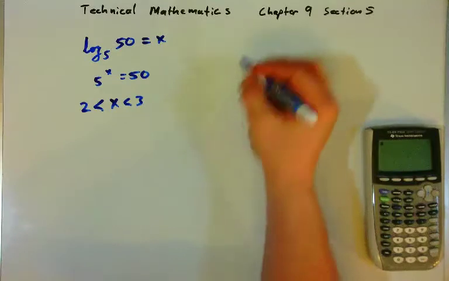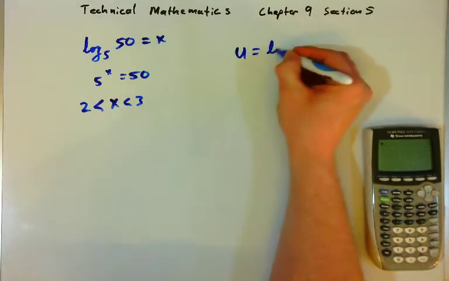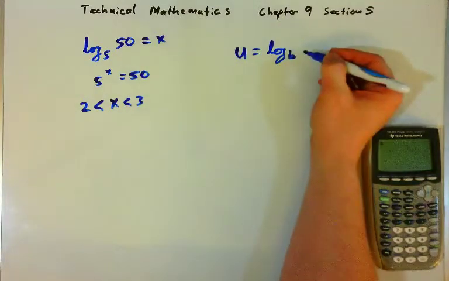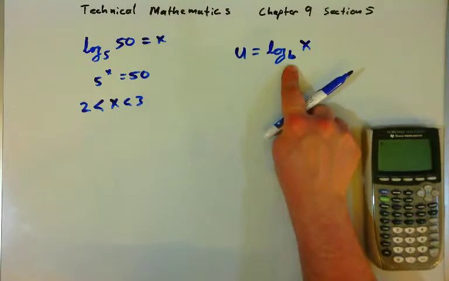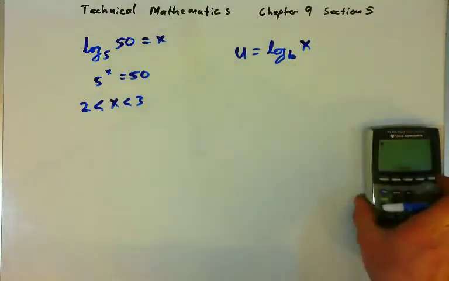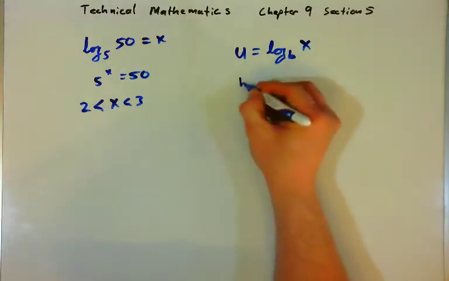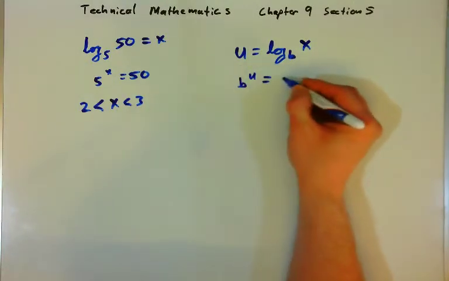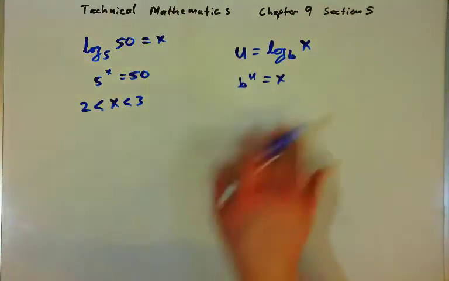And so consider that u is equal to log base b of x, where b is some base, right? Some base other than 10 or e. And so if we rewrite this as an exponential, this is b to the u power is equal to x.